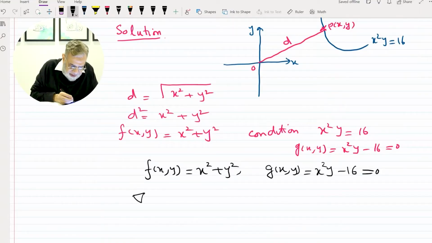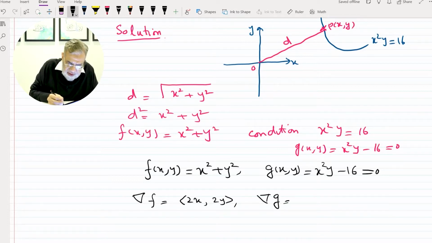To use a Lagrange multiplier, I take the gradients. The gradient of f is: derivative with respect to x is 2x, and derivative with respect to y is 2y. The gradient of g is: g_x is 2xy, and g_y is x squared.